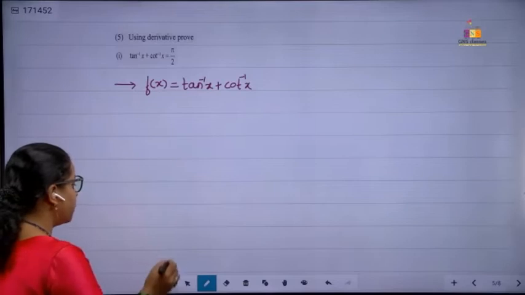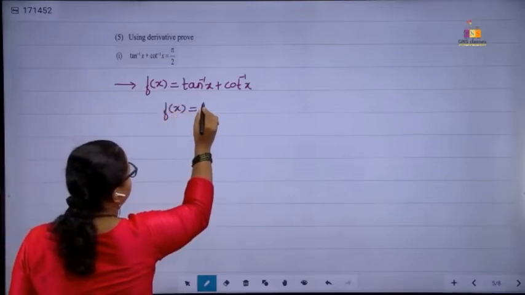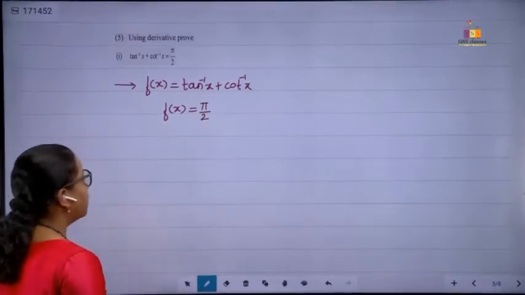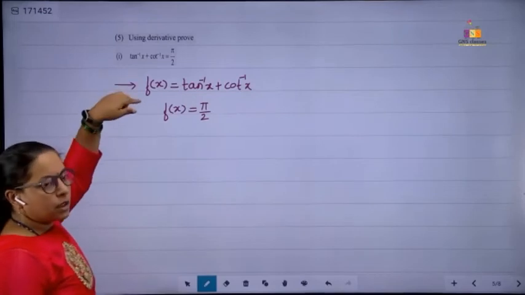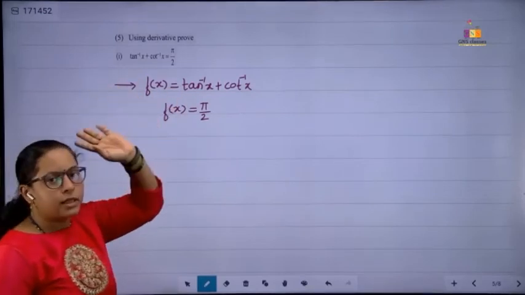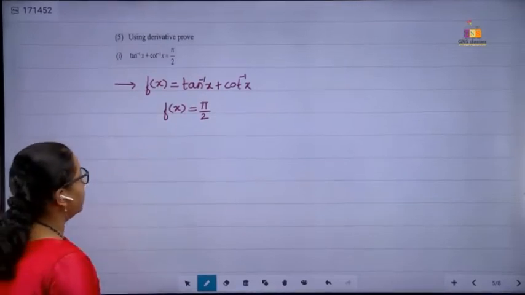That means we have to prove f of x is equal to pi by 2. First of all, we will differentiate this function with respect to x, and we will prove that f dash of x is equal to 0.